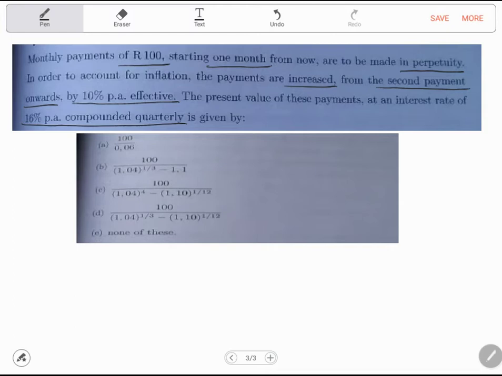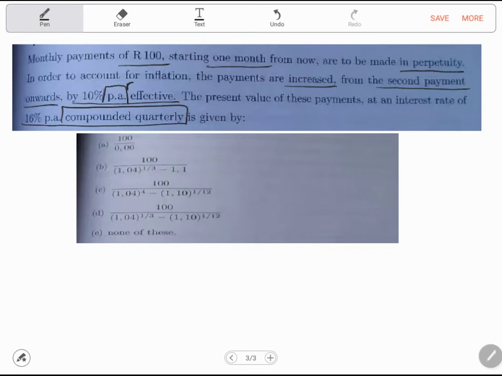First, let's check if our effective interest rate, our effective growth rate, and our withdrawal period coincide. Here we can see that our r is an annual figure, our i is a quarterly figure, but our payments are monthly. In this case it's a payment, not a withdrawal, but whether it's a withdrawal or a payment, it works in the same manner.